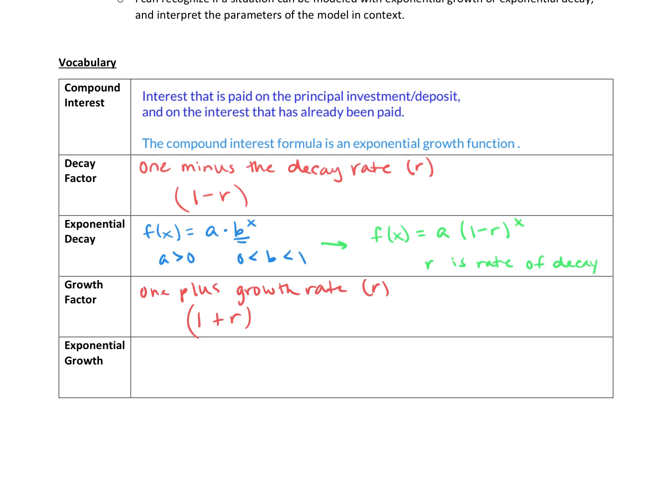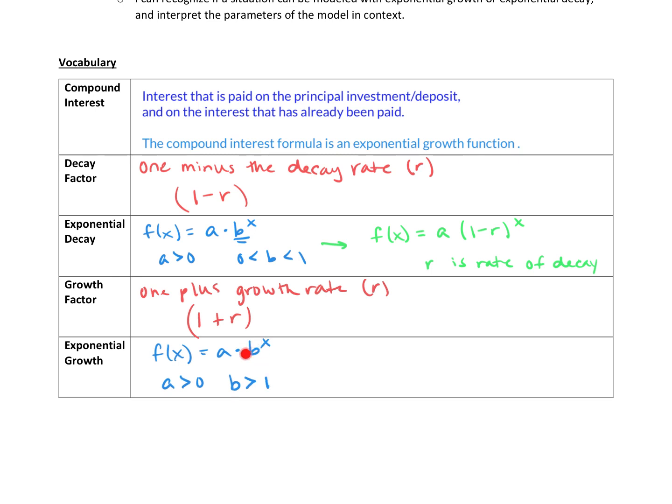All right, so exponential growth, it is an exponential function, so similar to what we said above, exponential functions are f of x equals a times b to the x. If it's an exponential growth, our a value will be greater than 0, and our b value is going to be greater than 1.